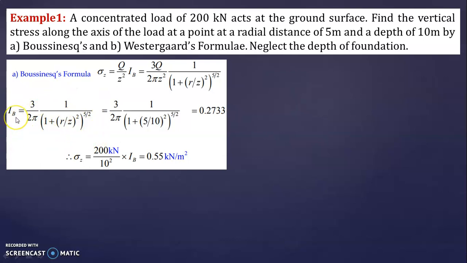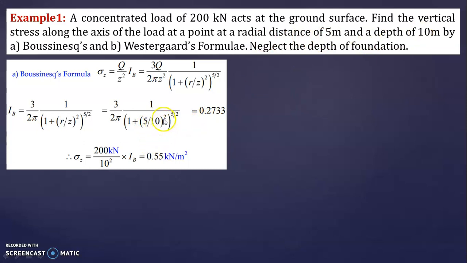What is that? IB or KB is equal to 3 divided by 2 pi into 1 divided by (1 plus (R by Z) square) to the power 5 by 2. So substitute the values of R and Z. R is the radial distance, that is 5 meter, and depth Z is 10 meter.